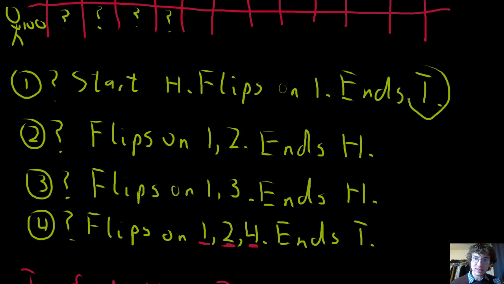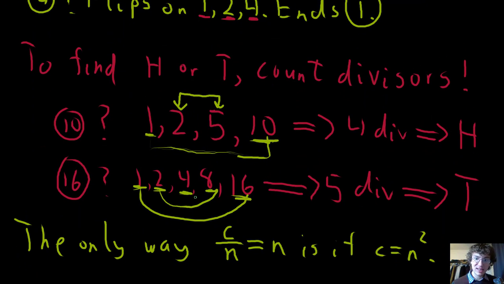Well, 1 ends tails, and 1 is a perfect square because it's 1 squared. 4 ends tails because it's 2 squared. 16 ends on tails because it's 4 squared. I won't go through all of them, but you can check yourself, or maybe you're just convinced by the divisor argument. But this is in fact the answer, that all of the coins that are perfect squares end tails, and all of the others end heads.